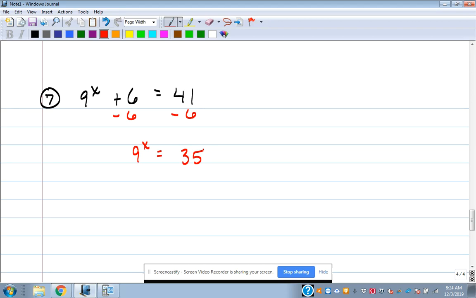So how could I do that? I could do log base 9. That would work. That'd be x is equal to log base 9 of 35.